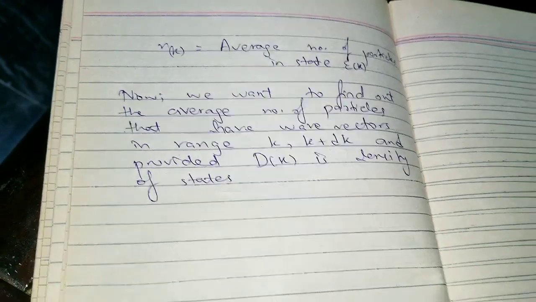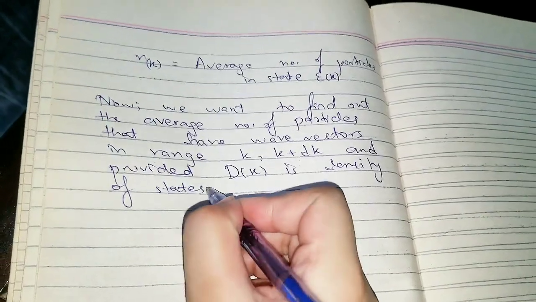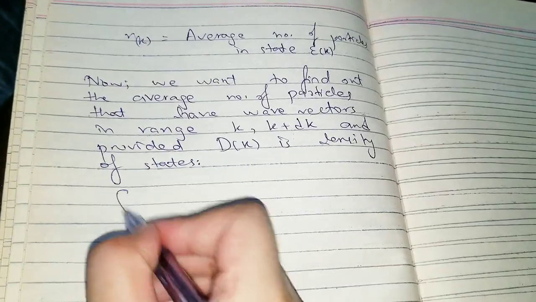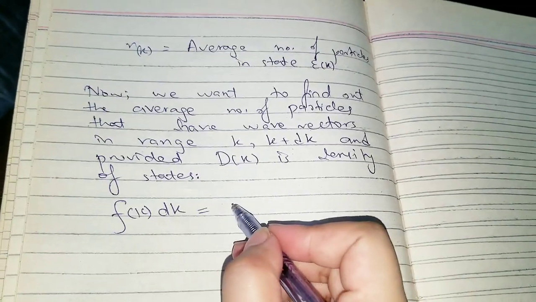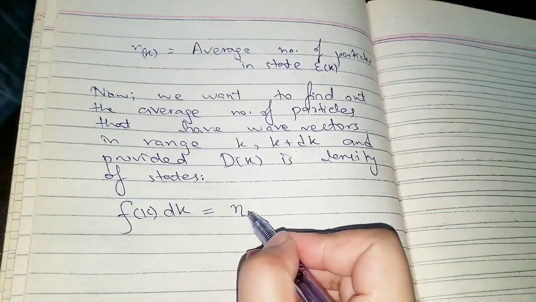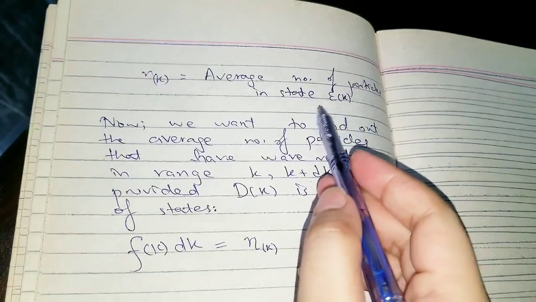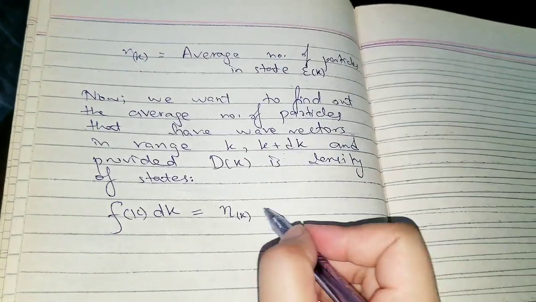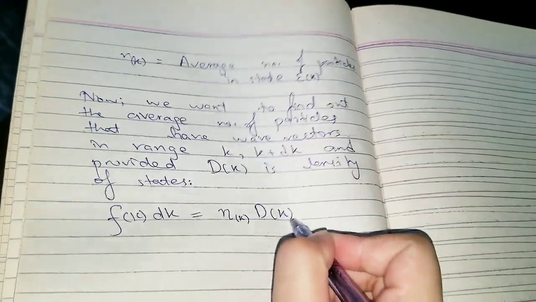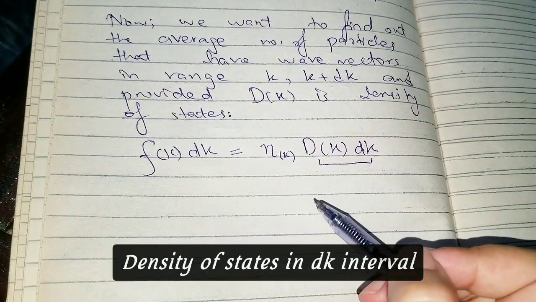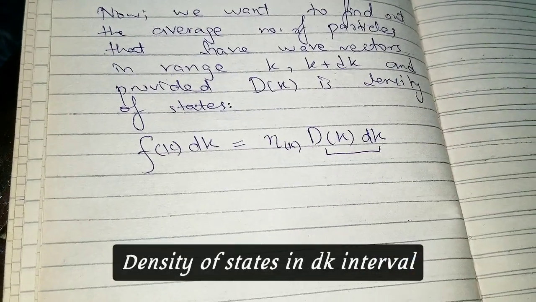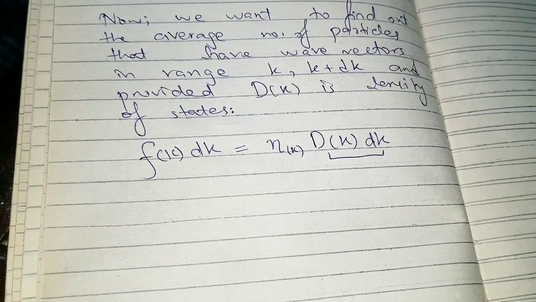Okay, so what we will do is, the average number of particles in the decay interval will be given by the product of the average number of particles in state E of k multiplied by D of k dk. This product gives us the density of states that are available to be occupied for a system of classical gas.